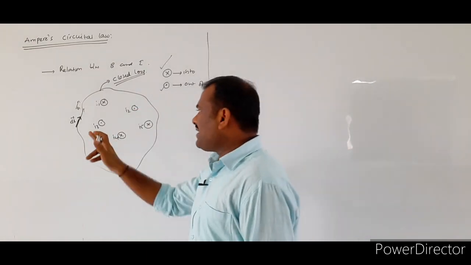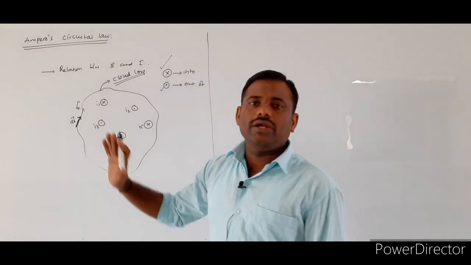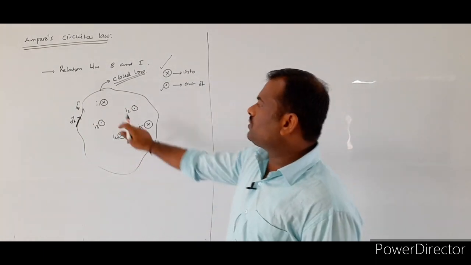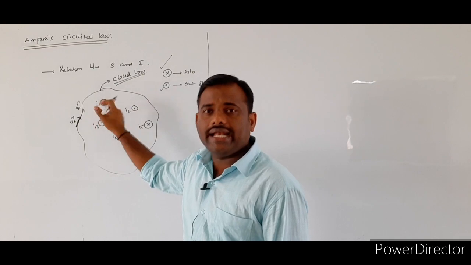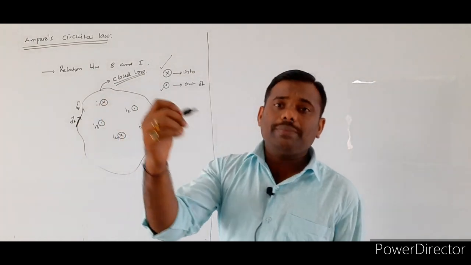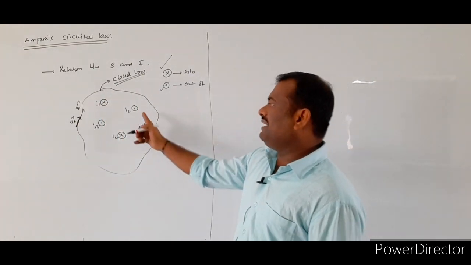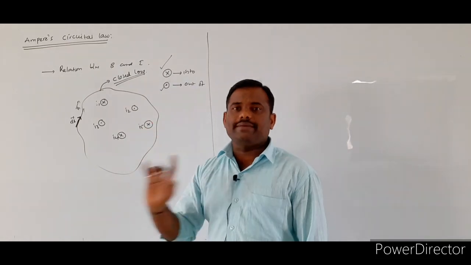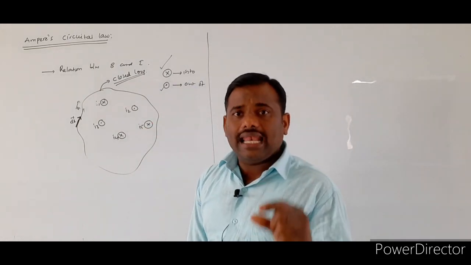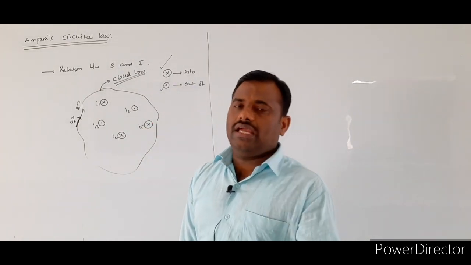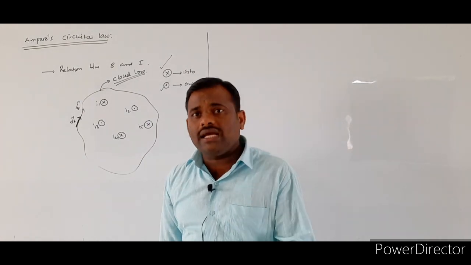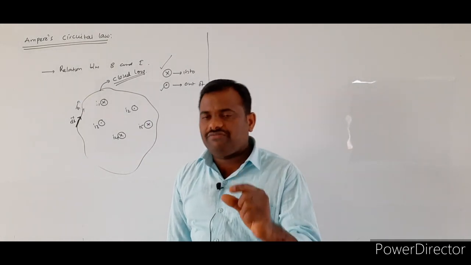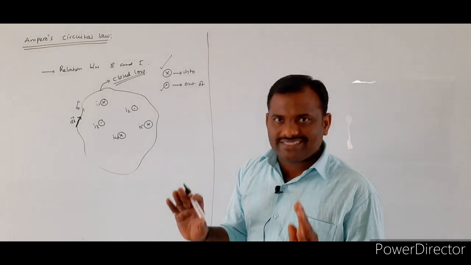If a current is passing into the plane of the paper, that is indicated with the cross symbol, and if a current is coming out of the plane of the paper, that current is represented by the dot symbol. Now, for getting the line integral of the magnetic field, if you want to know the meaning of the line integral of the magnetic field, what do we have to consider?